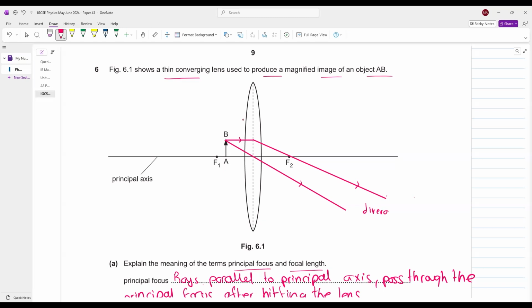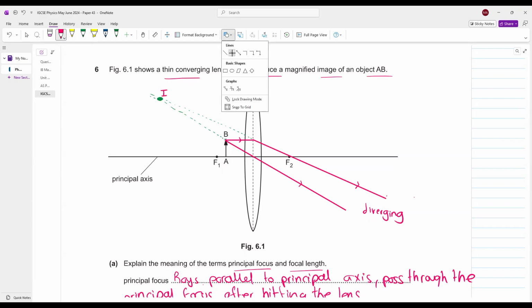We cannot cause diverging rays to meet in the forward direction. So we extend them in the backward direction like this. The point where the two rays meet gives rise to your image I.